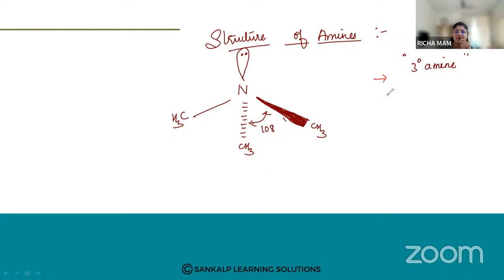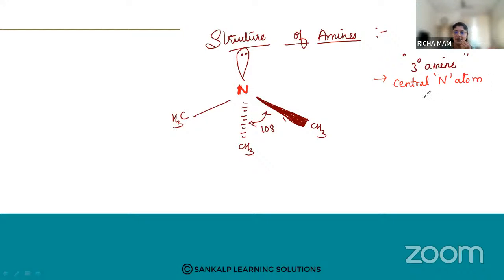Okay, so in the amine, you have a central, what you have? You have a nitrogen atom at the center. So in amines, the central atom is the nitrogen.